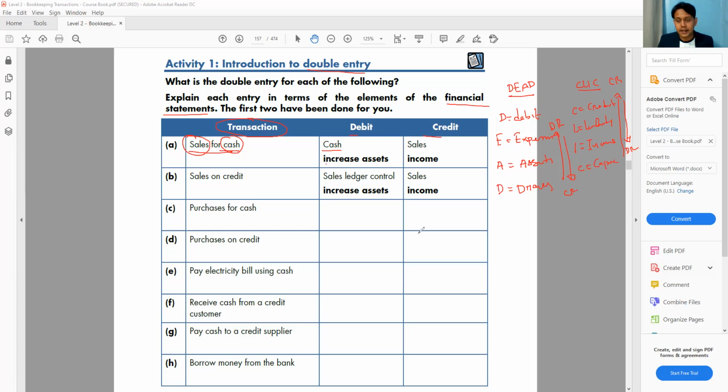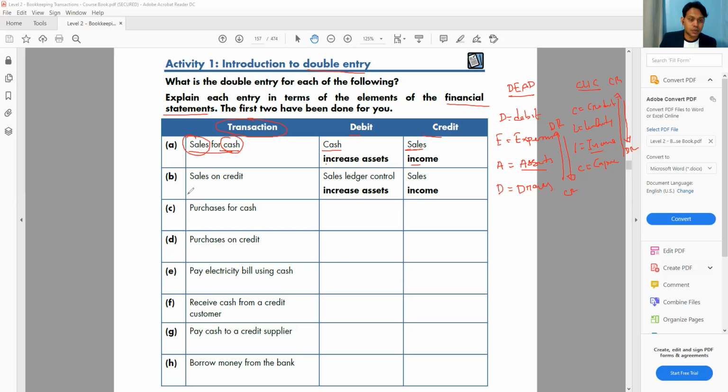And of course, under debit, we know if the asset is increasing, then this is our debit. And sell is income, and income is increasing under credit, so this is our credit. So all you need to know is what is income and what is asset. If you can identify what is asset, what is income, what is expenses, our life will be very easy to identify from the transaction what is debit and what is credit.